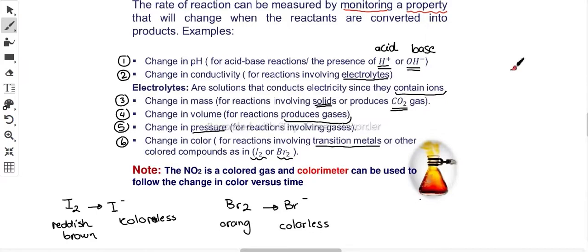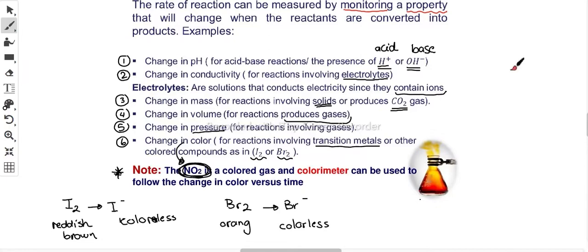Now, the important thing that I want to mention here about the colors, I have a very important note that will help you as a study tip inside your past paper. We have a type of gas which is actually a colored gas, nitrogen dioxide, which is NO2. If NO2 is present inside the balanced chemical equation, you can use the change in color.